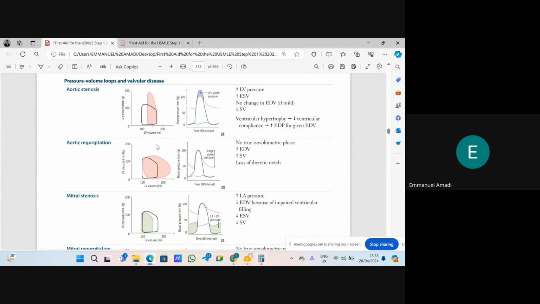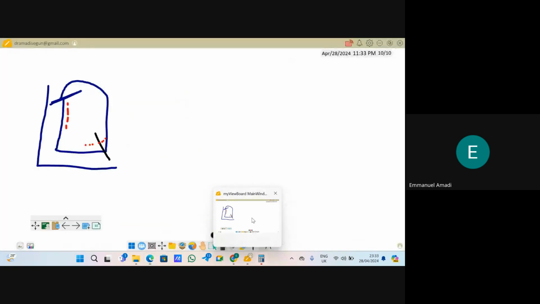Now, let us look at the pressure time tracing of aortic regurg. That is the next thing we're going to talk about. So let us draw our tracing again. No, let me bring the normal and bring the abnormal.